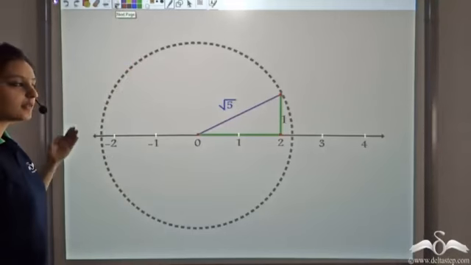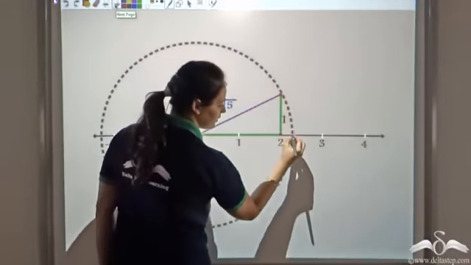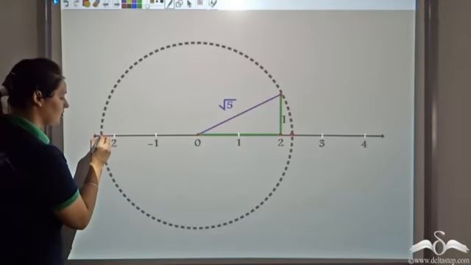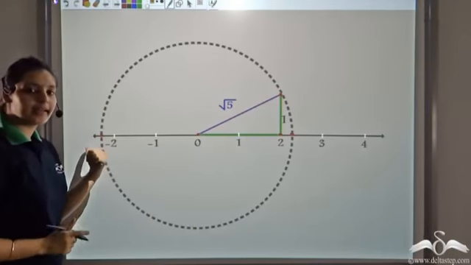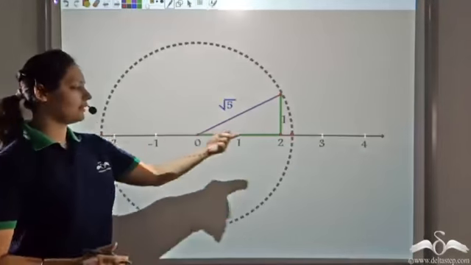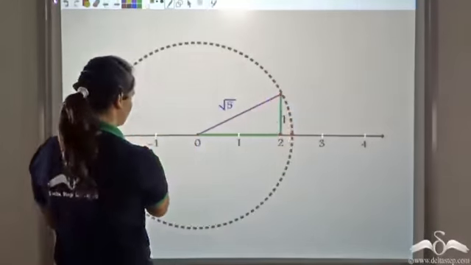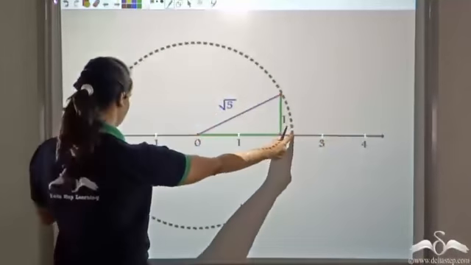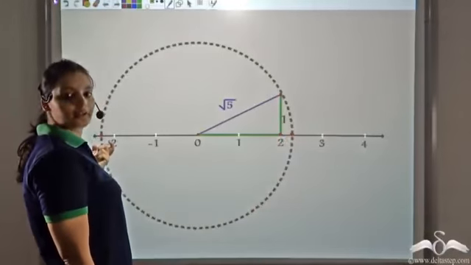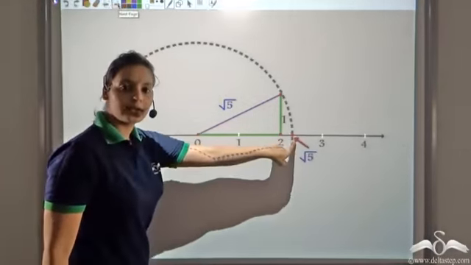Now the point where it touches the number line gives me under root 5, and in the other direction I get negative of root 5. So you can see this circle touches this line at 2 points, which gives me under root 5 and negative of under root 5.